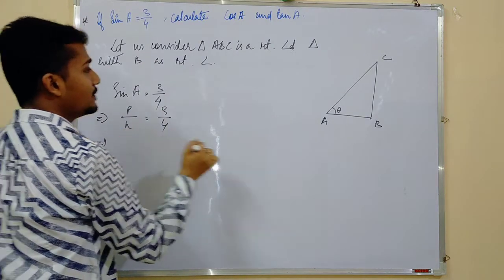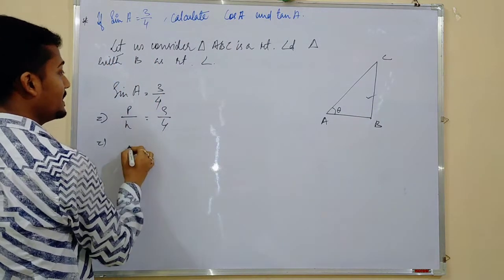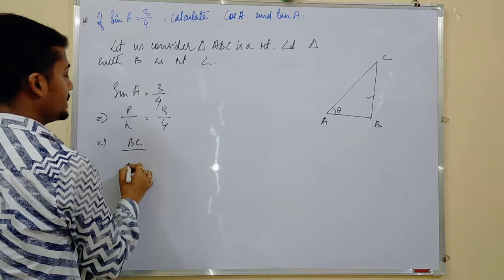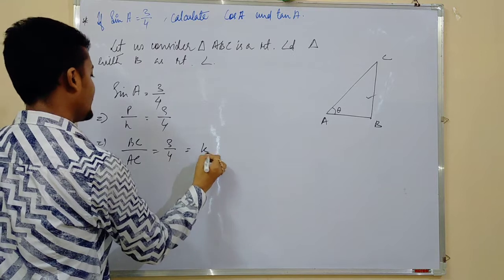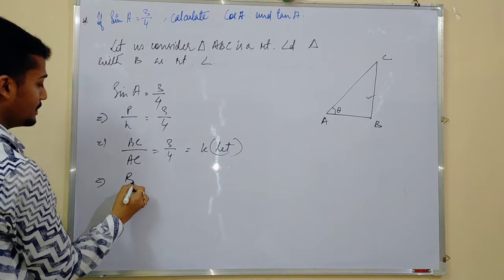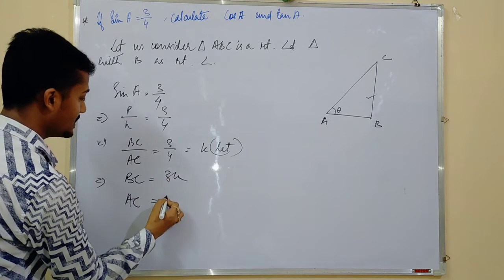This will be P, the opposite side. That means BC by AC, for obvious, is equal to 3 by 4, which is equal to K, let us say. Now BC will be equal to 3K and AC will be equal to 4K.